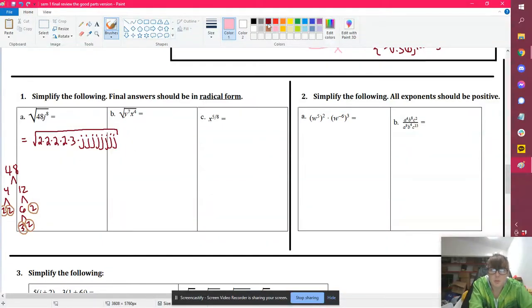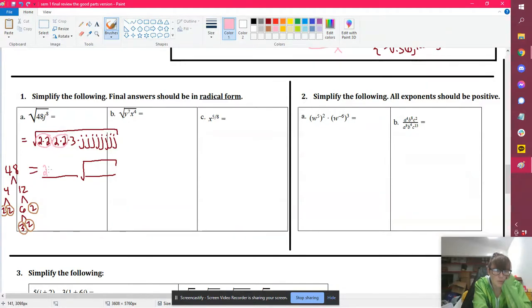Once we write it in our most basic form, now we get this thing where how many groups do we have of each, and how many leftovers, or what types of leftovers do we have? Because it's a square root, because there's no number right here, we're basically looking for groups of 2. Let's say, oh, here's a pair of 2s, I'll bring it out front.